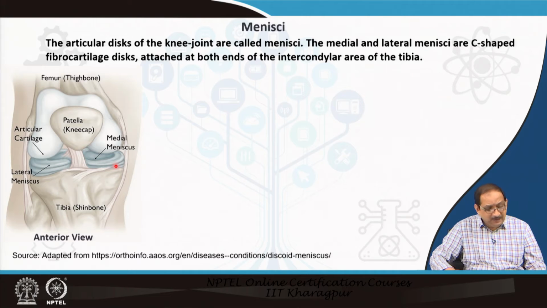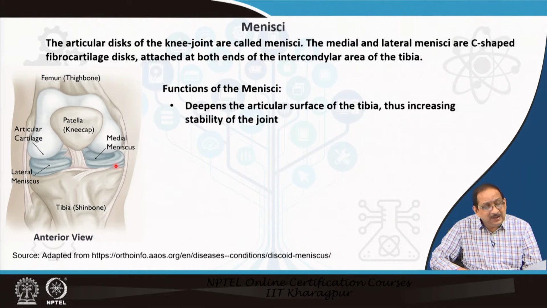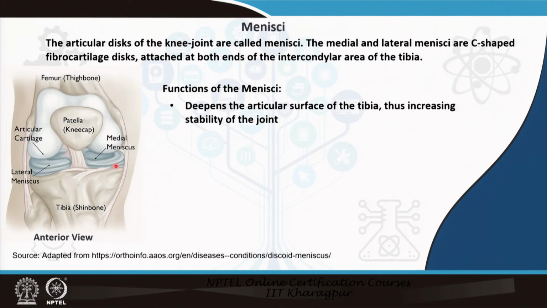The menisci of the knee are basically two pads of fibrocartilaginous tissue which serve to disperse friction in the knee joint. They are concave on the top and flat on the bottom, articulating with the tibia. They are attached to the small depressions between the condyles of the tibia, which is the intercondyloid fossa.